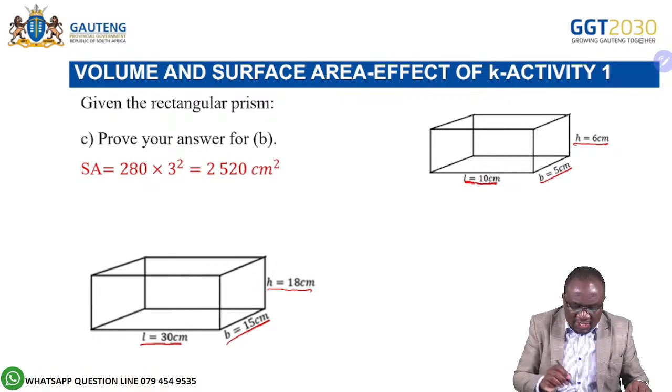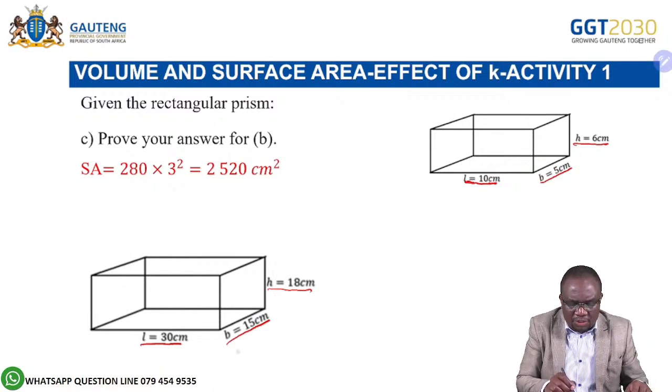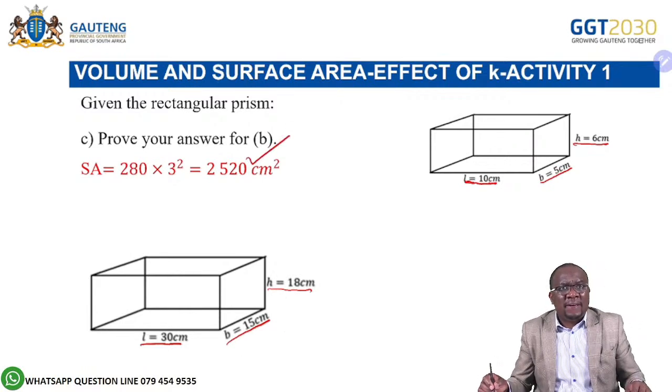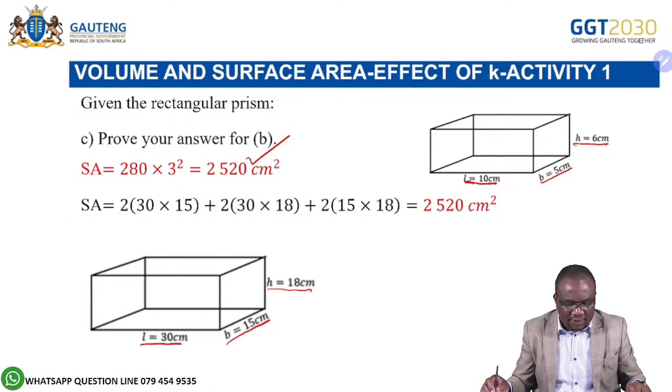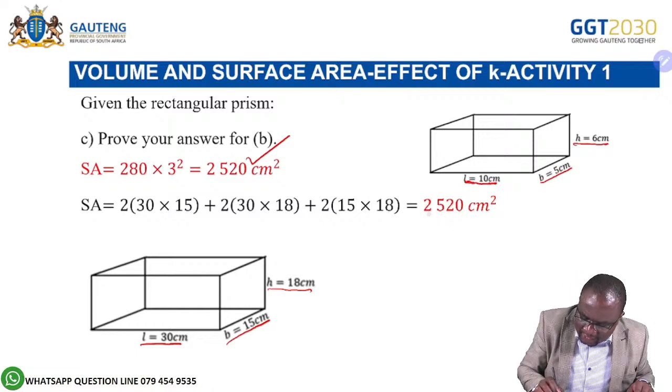Okay, now let's find the surface area of this new prism with the new dimensions. We want to see if we're going to get this. Okay, let's see. So we say 2 times 30 times 15 plus 2 times 30 times 18 plus 2 times 15 times 18. Well, I don't need to explain this. I think we've been doing it for a long time. Yes, we're getting the same surface area.